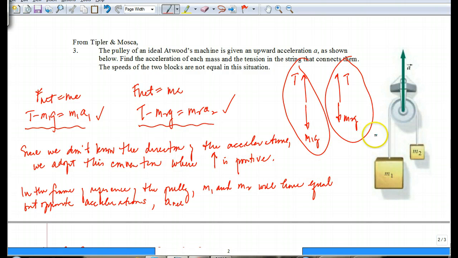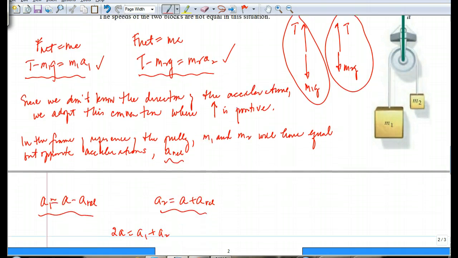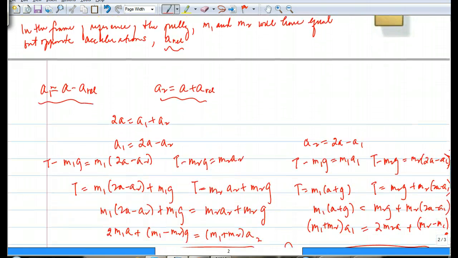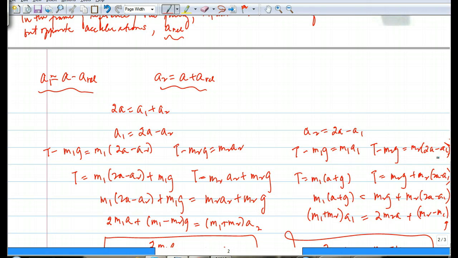Now, in the frame of reference of the pulley, I know that M1 and M2 will have equal but opposite accelerations, and I'm going to call that acceleration in the frame of reference of the pulley a rel. What this means is A1 will be A minus a rel, and A2 will be A plus a rel.